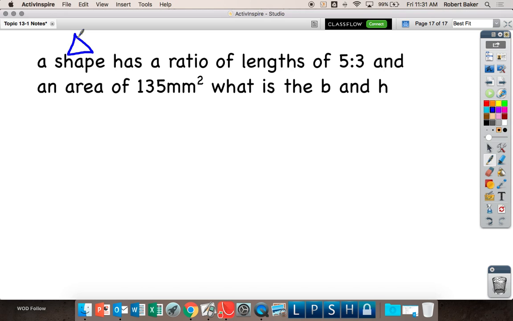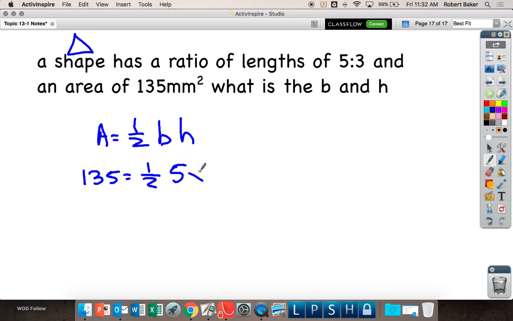So here's what I stumbled upon. If I know that the base and the height have a relationship of 5:3, you can solve. The area is equal to 1/2 base times height. The area of the shape is 135, and that's equal to 1/2 the base times the height.